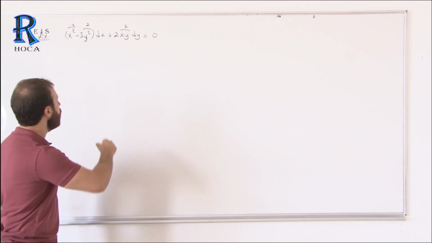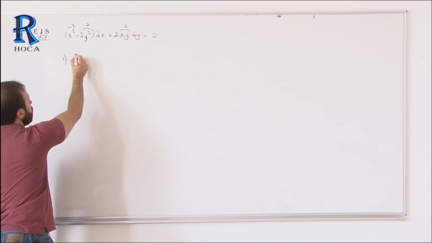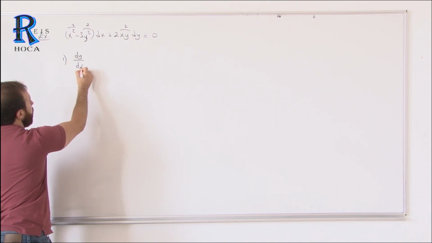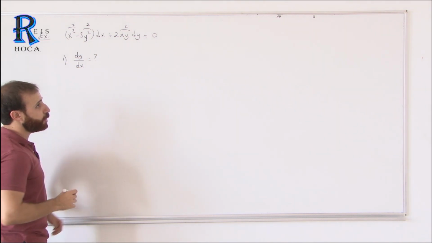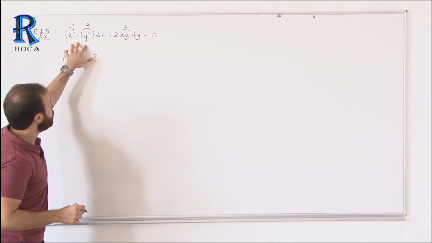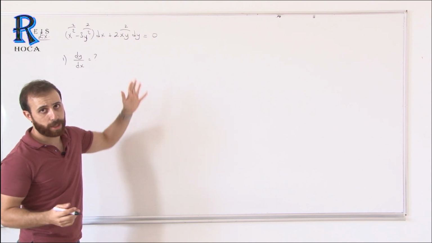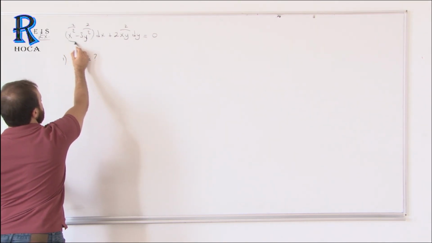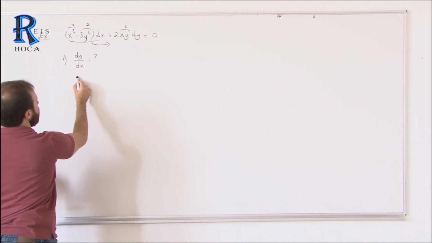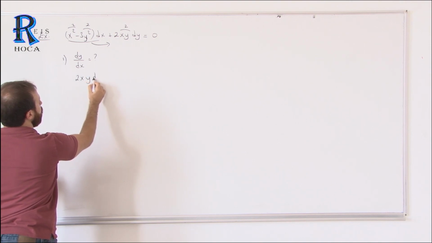What's the first step? The first step is to find dy over dx, that is the derivative. To find dy over dx, let's send the x part to the right side. You can send dy to the right side as well, but for this question, let's send dx to the right side. On the left side there is 2xy dy.